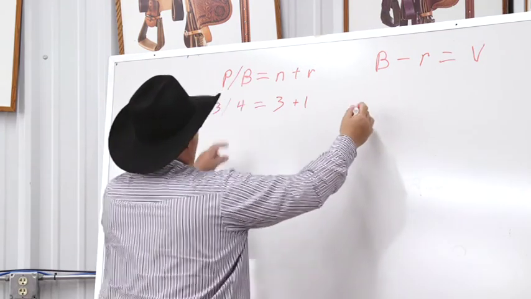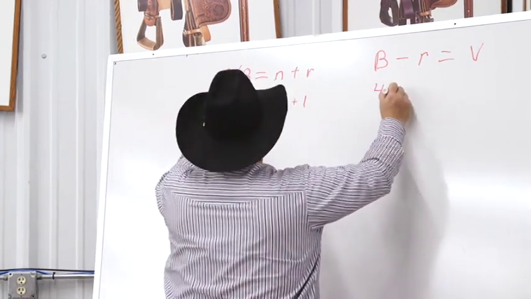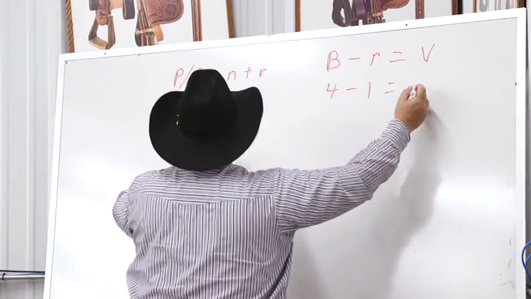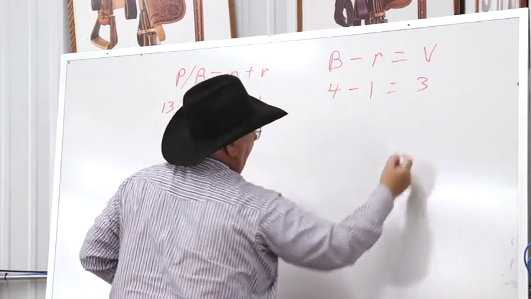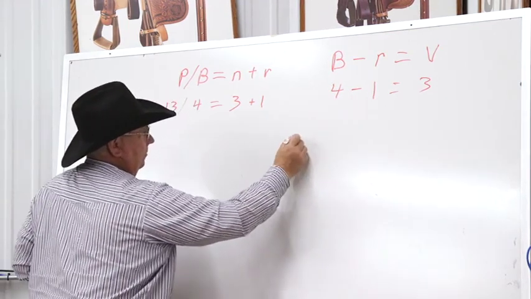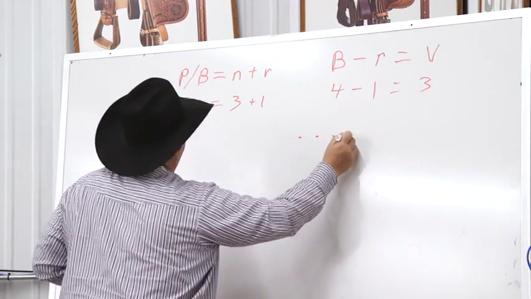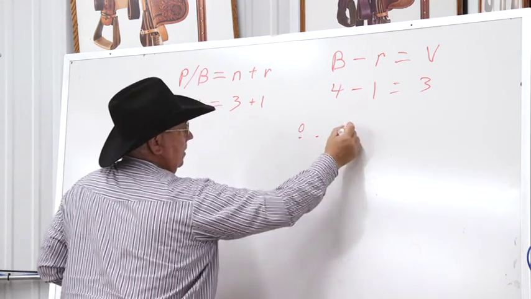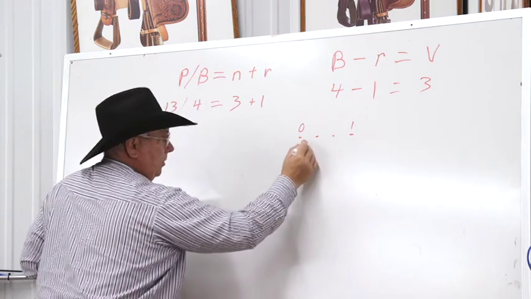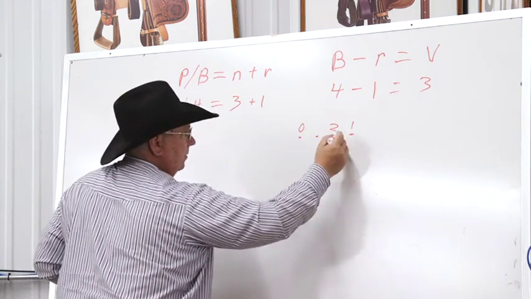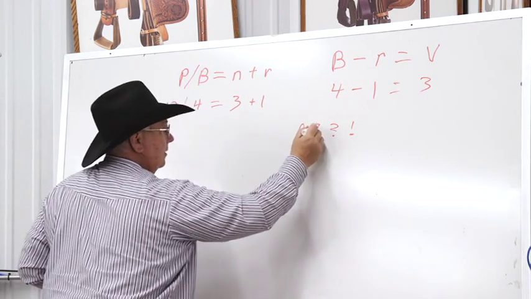So now we've got 4 minus 1 equals 3. So our numbers that we would do over here would be the same. 1, 2, 3, 4. Start with the 0. 1, 2, 3. 1, 2, 3. 1, 2, 3, 3.